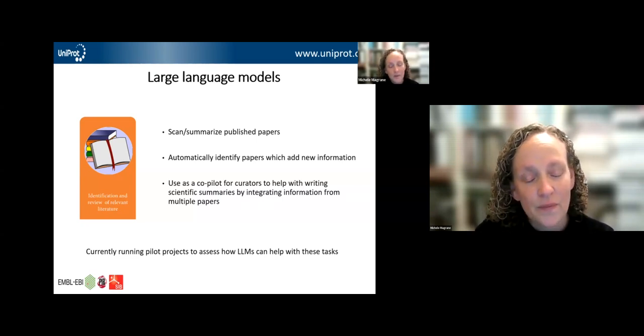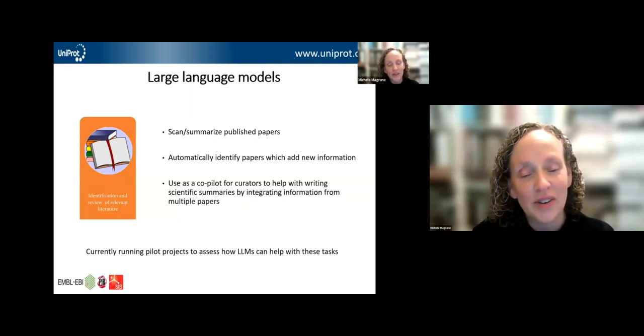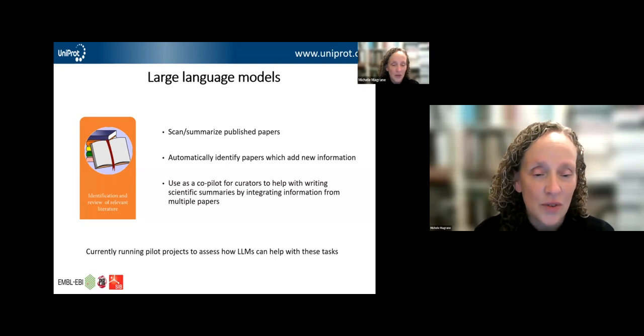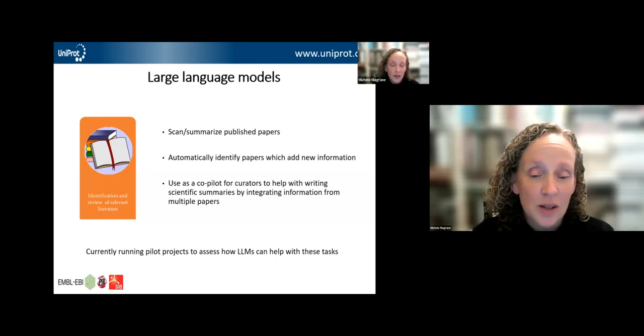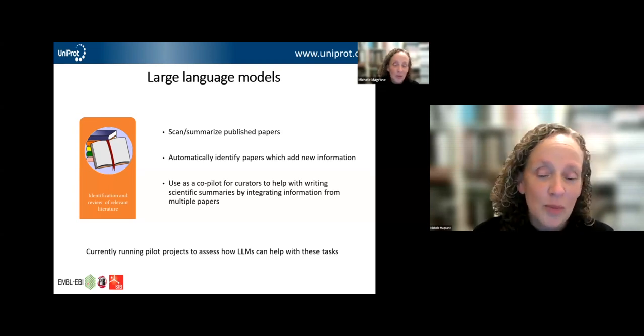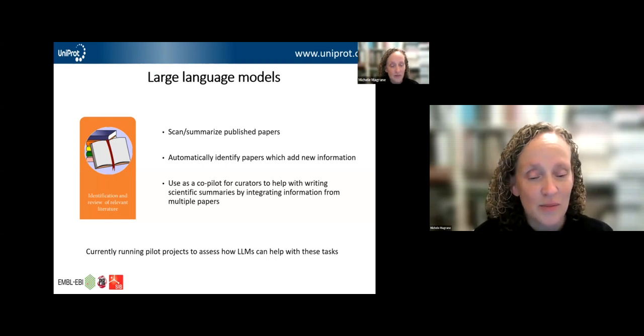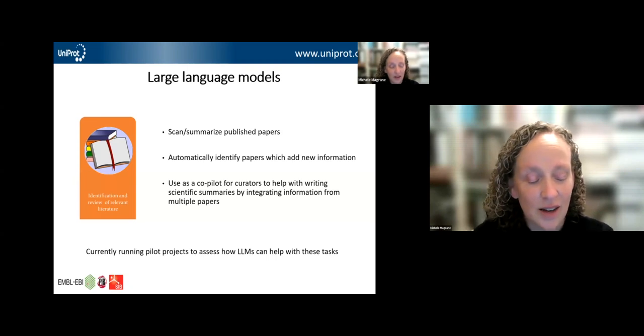Obviously, large language models are likely to be very helpful in this field, in things like scanning and summarizing published papers, in helping to identify papers which could add new information, and also in tasks like being used as a co-pilot for curators to help with writing scientific summaries by helping to integrate information from a number of papers. So we're currently running various pilot projects to assess how LLMs can help with these tasks going forward.